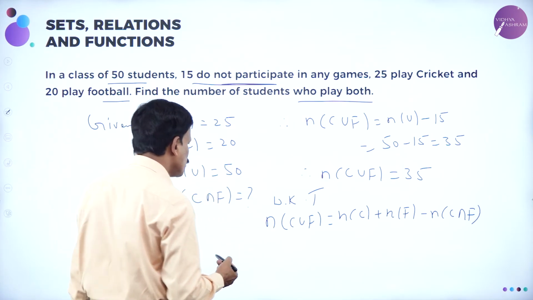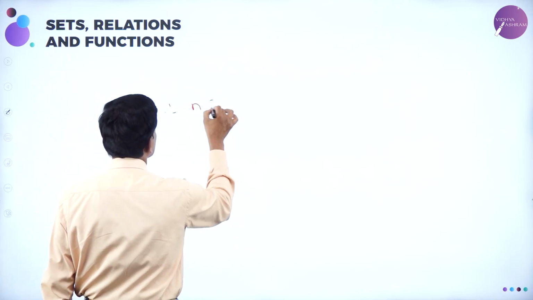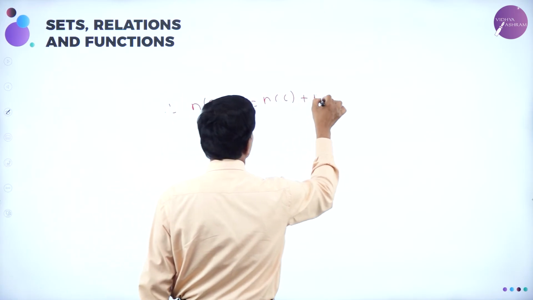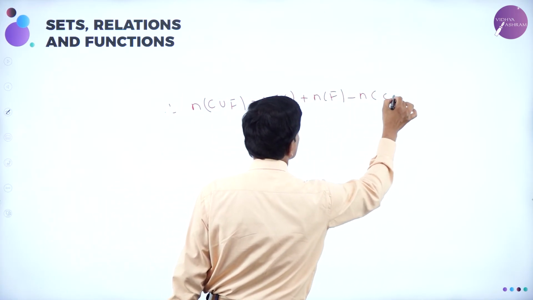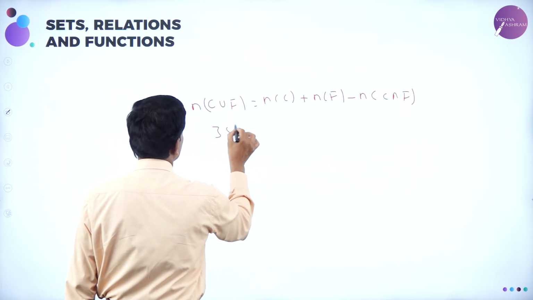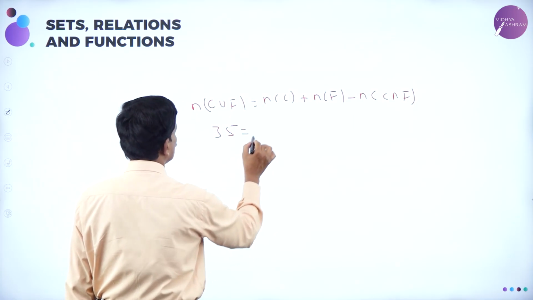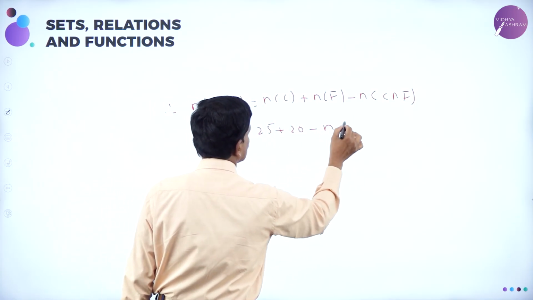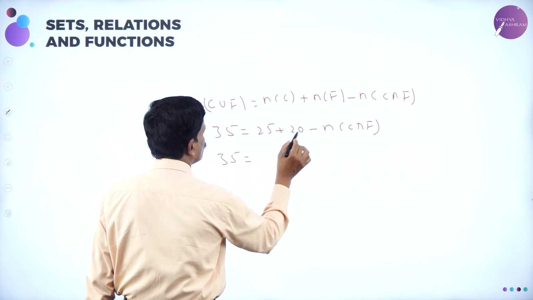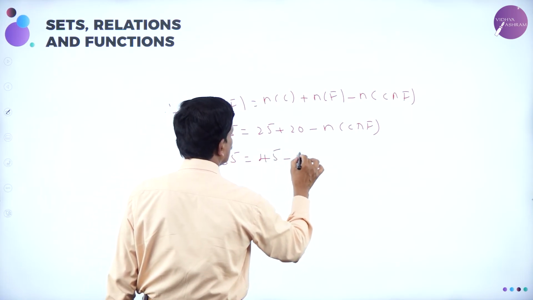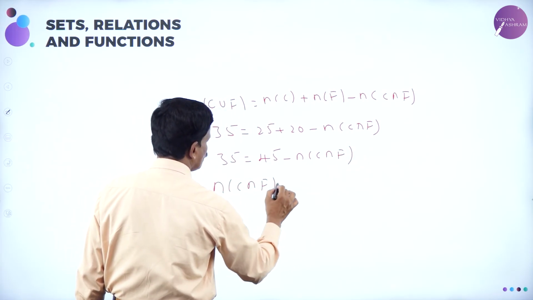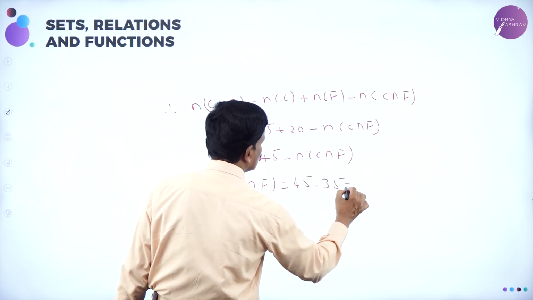So 35 is equal to 25 plus 20, which is 45, minus N of C intersection F. Transferring, N of C intersection F is equal to 45 minus 35, that's equal to 10.